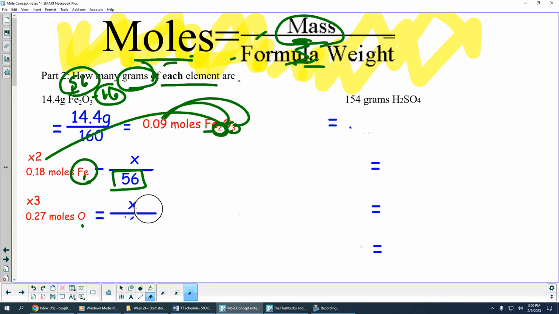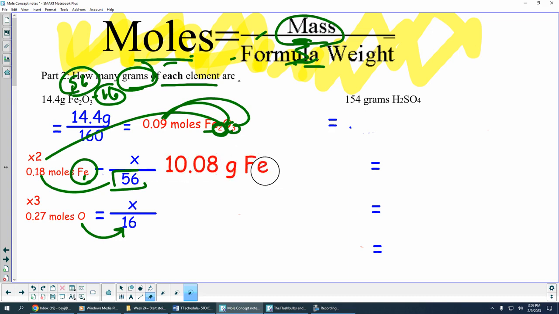Here, I'm going to do mass over formula weight of 1 single oxygen, which is 16. When I multiply 0.18 by 56, I get 10.08 grams of iron. And when I multiply 0.27 by 16, I get 4.32 grams of oxygen.